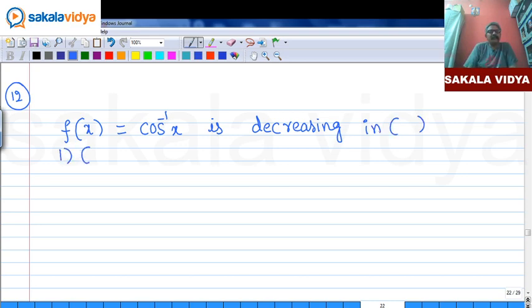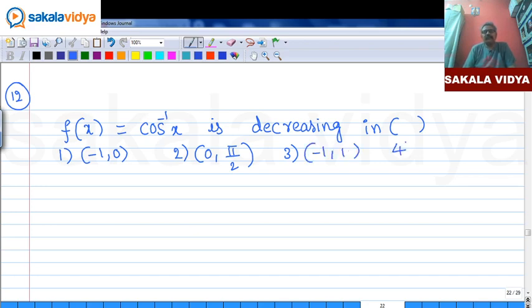First option minus 1 comma 0, second option 0 comma pi by 2, third option is minus 1 comma 1, fourth option are unreal numbers. So, f of x equals cos inverse x is decreasing in which interval, that we need to find out.